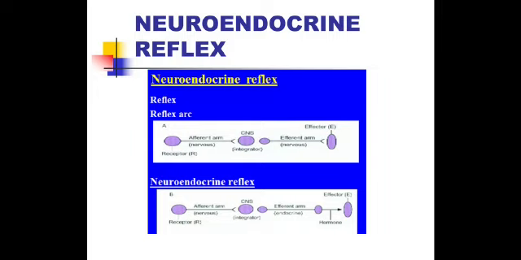You can see in a normal reflex arc, which is an automatic response to a stimulus, there is a receptor and afferent with an integrating center in the CNS, and eventually the end organ is a muscle or a nerve and results in a neurotransmitter release. Whereas in a neuroendocrine reflex, there is a receptor, an afferent arm with an integrating center in the hypothalamus, resulting in release of oxytocin, which acts on the end organ, mainly the breast and uterus.